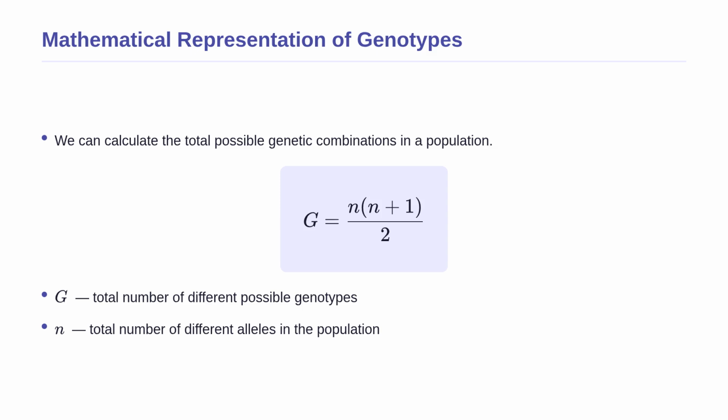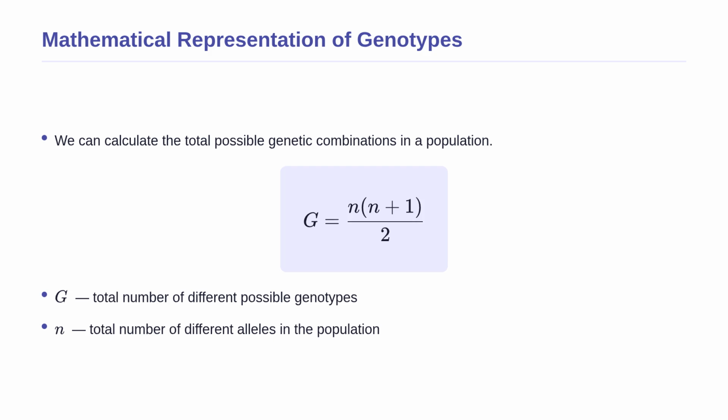Now that we understand the biological importance, let us look at how we measure this diversity. When a population has multiple alleles for a single gene, geneticists need to know how many different genetic combinations, or genotypes, can possibly exist. We calculate this using a specific mathematical formula, which saves us from manually writing out every single combination.